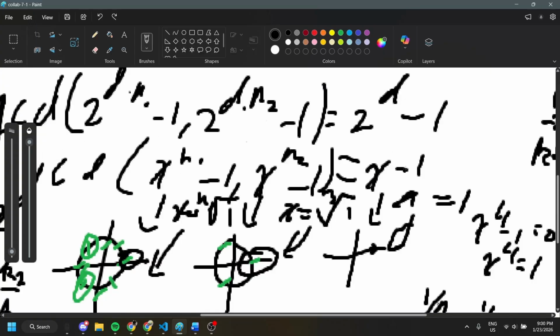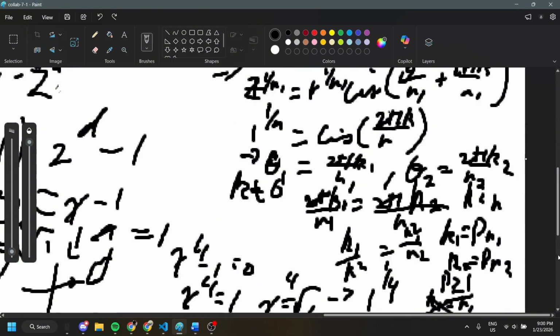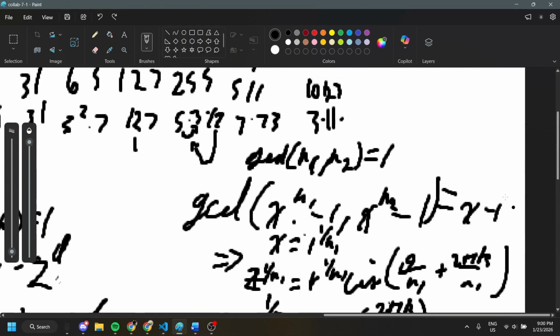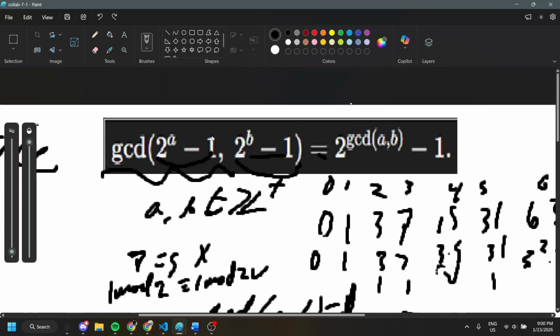Whereas if x minus 1 were not the greatest common divisor of this, then we would have a contradiction. And then substituting these back, we get this, as we see.